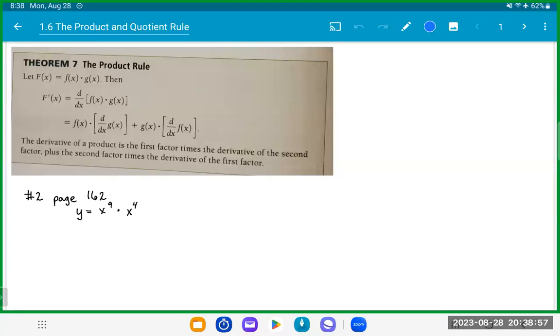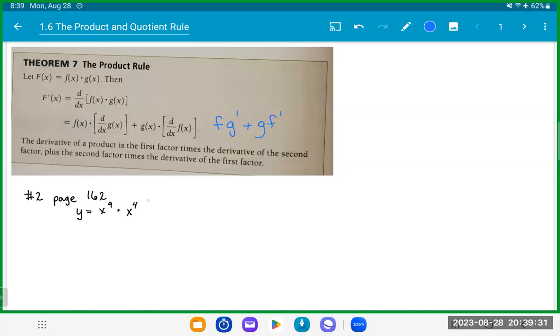So if I have the derivative of FG, I want to know the derivative of that. That is equal to my function F times the derivative of my G. So here's F G prime, plus G F prime. Okay?